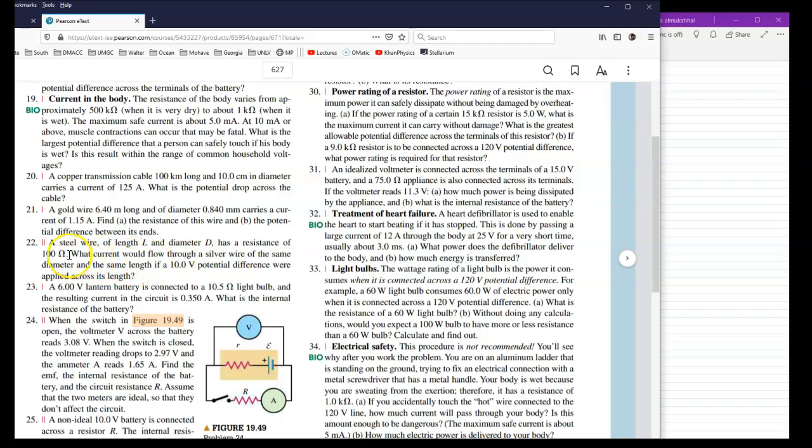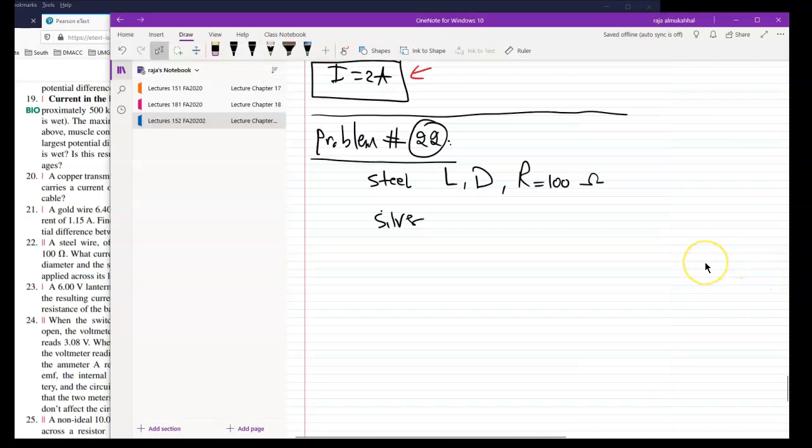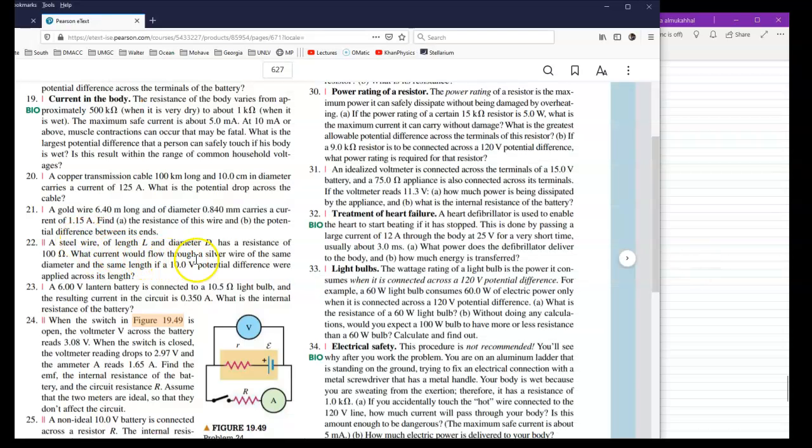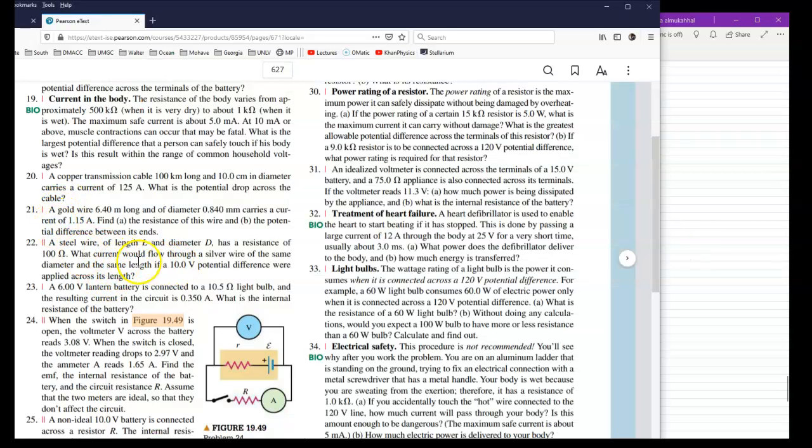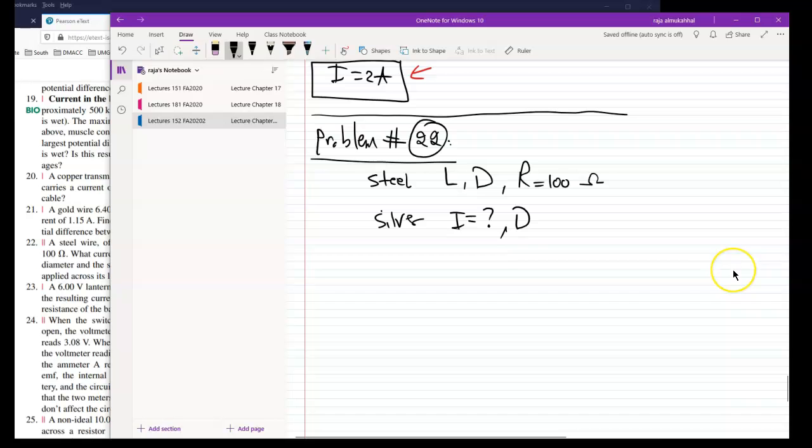Period. Then he goes to the next sentence. What current? He's asking for a current on the silver wire. What current would flow through a silver wire of the same diameter? So it has the same diameter, so the same D. And the same length, also the same length.